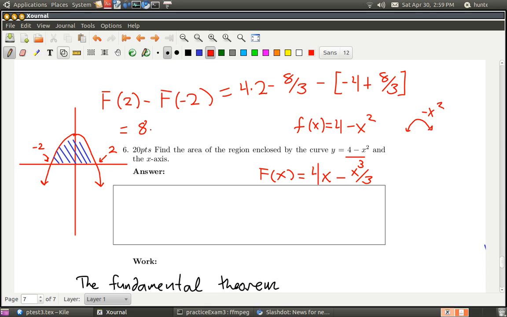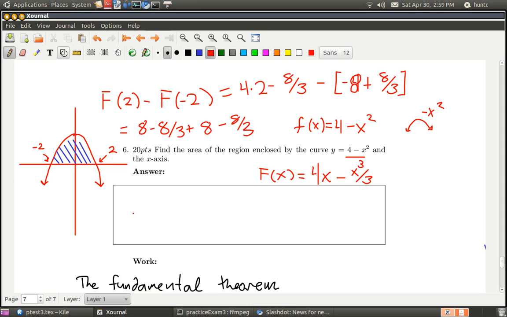This is 8 minus 8 over 3 plus, did I do something dumb here? I think so. This should be negative 8, not negative 4, right? Sorry about that. So plus 8 minus 8 over 3.